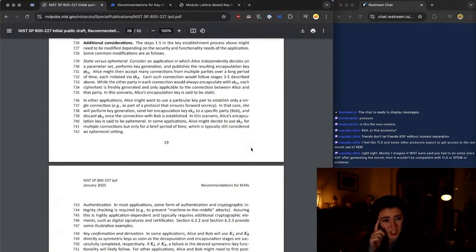I think Filippo Valsorda wrote a whole post about this stuff because he's been going very deep into getting Go's crypto stuff FIPS certifiable, which is a whole massive effort.